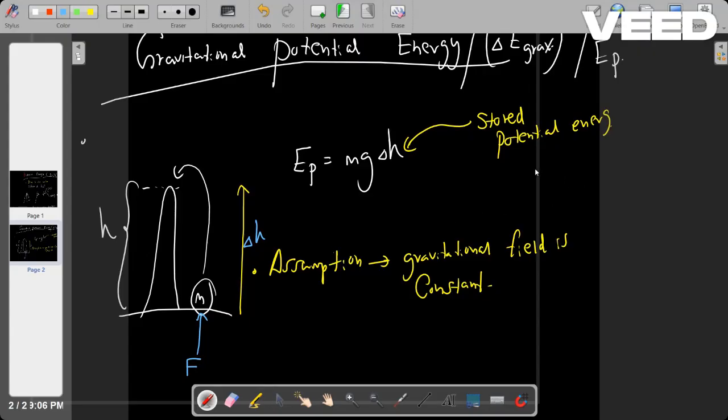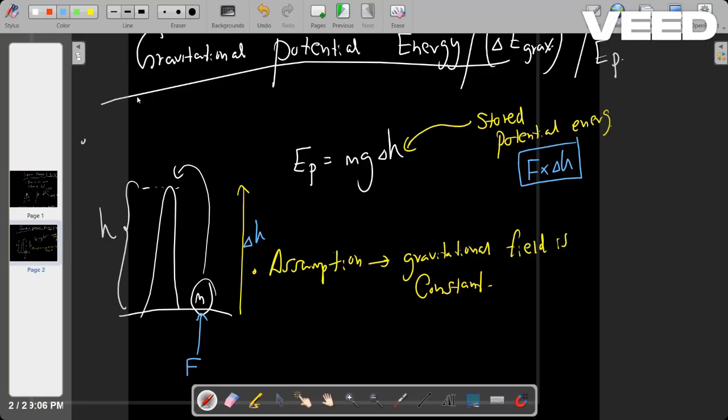So there's work done on the object. In another way, F into delta h. Without using this force, we can't take it to here. The work done on this object is equal to the potential energy stored. In that way also you can tell.